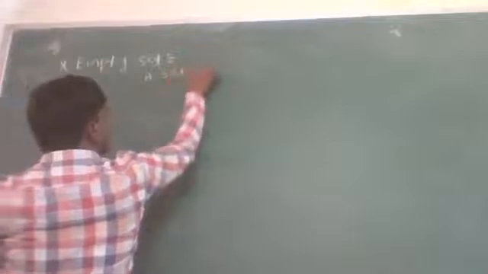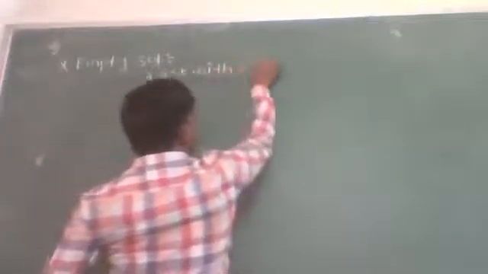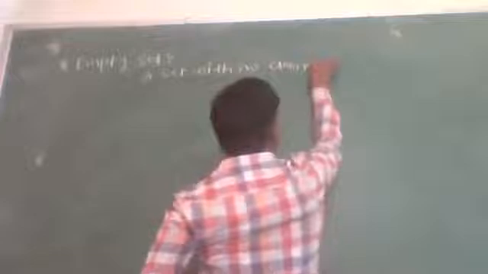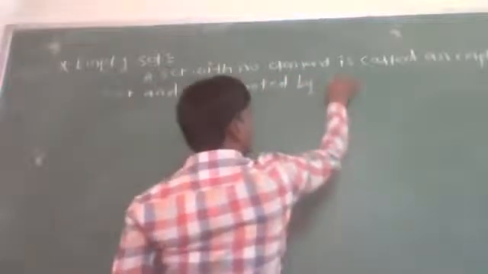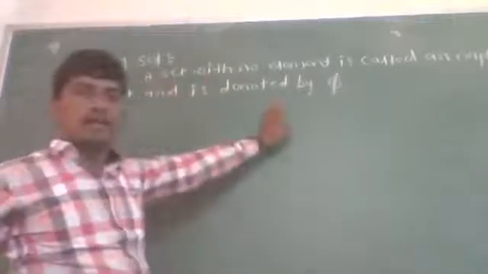A set with no element is called an empty set and is denoted by phi. That is, if there is no element in the set, then the set is called an empty set.